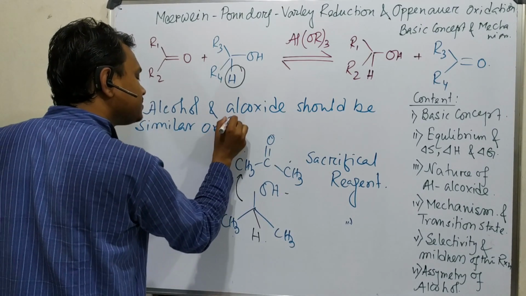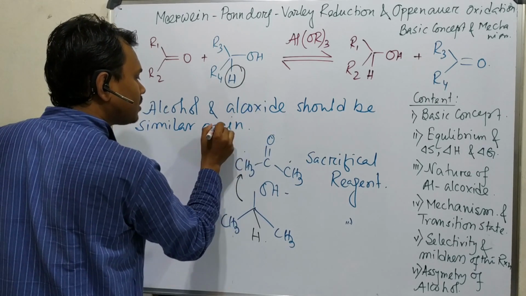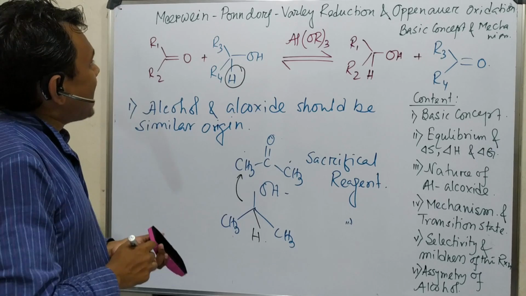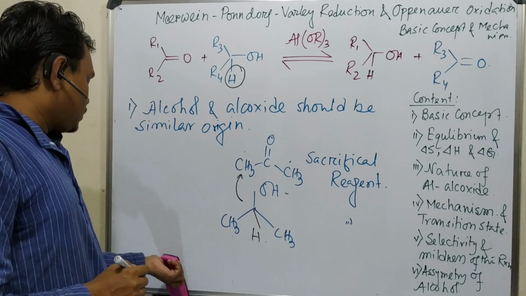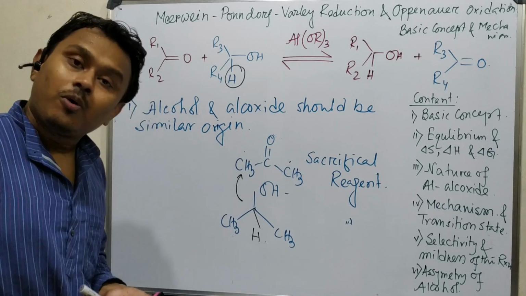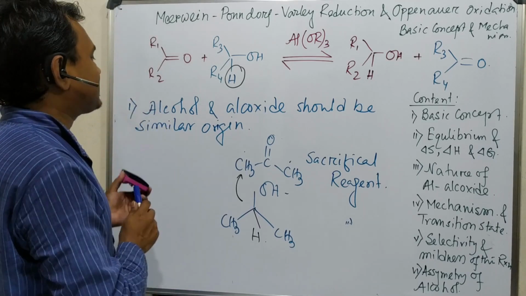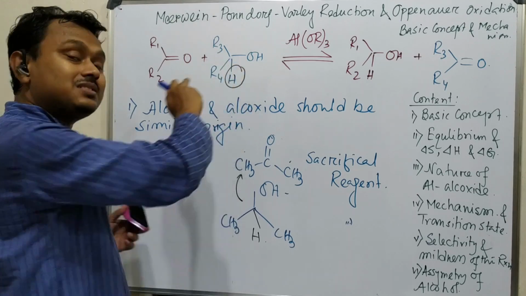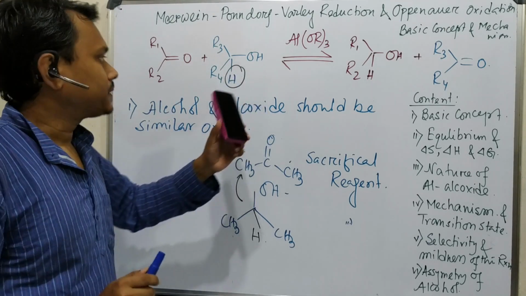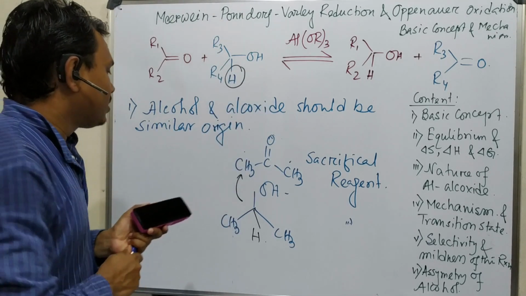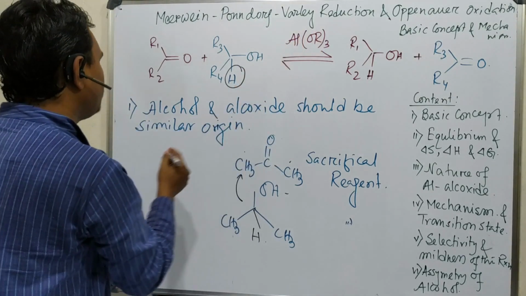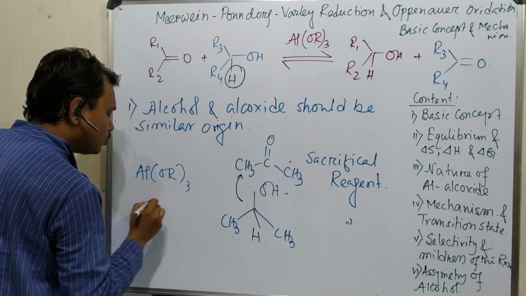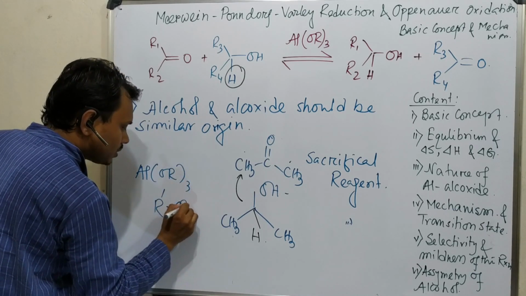What do I mean? Because alkoxide is produced from alcohol, we have to select a particular alkoxide whose corresponding alcohol is reacting here. We are using aluminium OR3, Al(OR)3, and we are using R'OH.